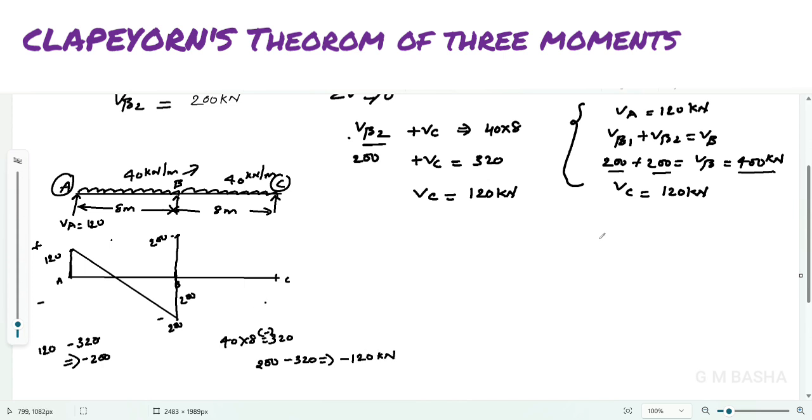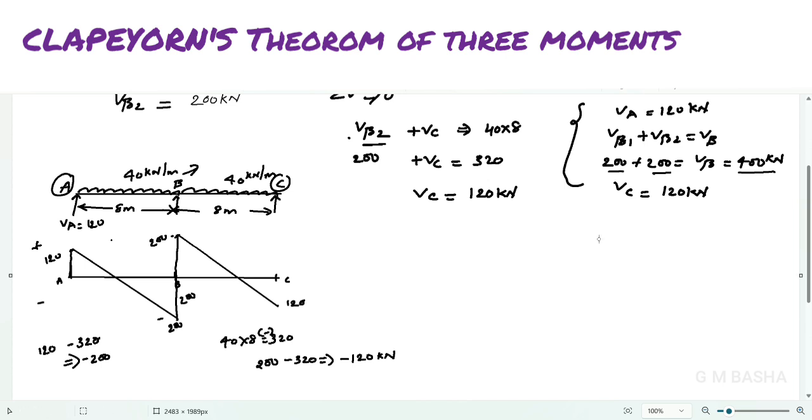Minus in the sense that we have to take the downward side, which is here, that is 120 kilonewton at C. So again draw the reference line. For the UDL you take the inclined line like this.